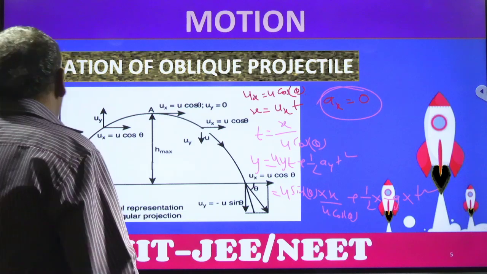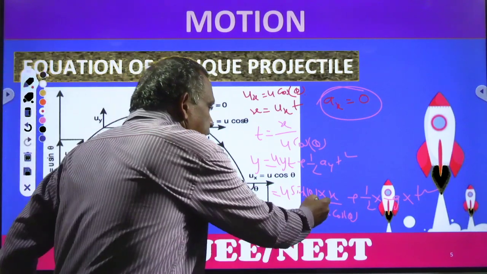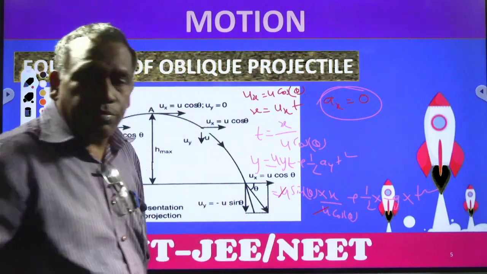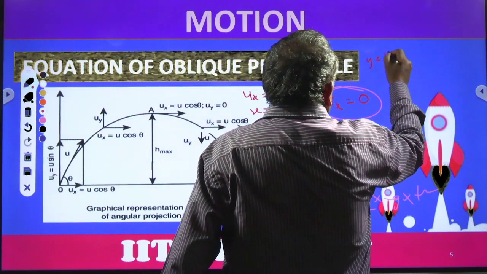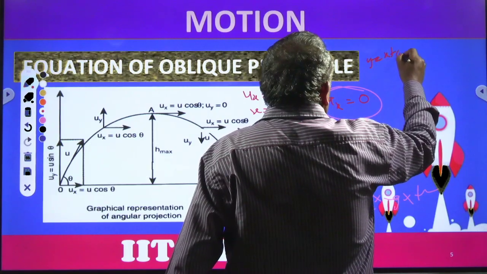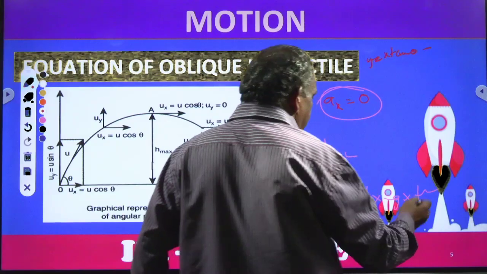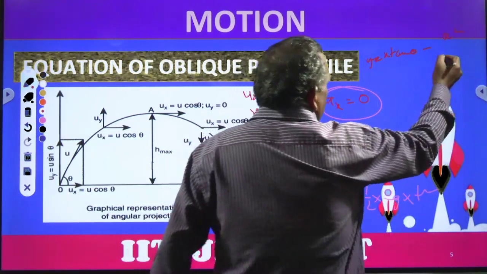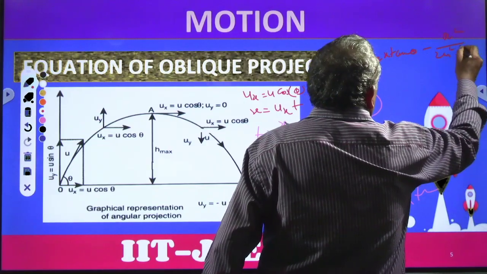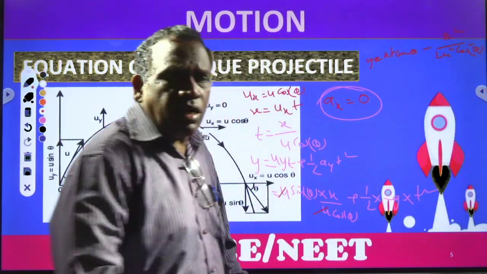Now simplify this. The u gets cancelled, so y is equal to x tan theta minus x square by 2u square cos square theta, with g in the numerator. This is the equation.